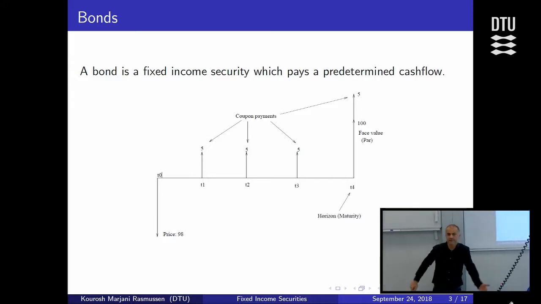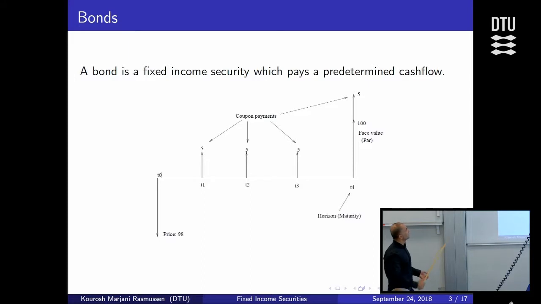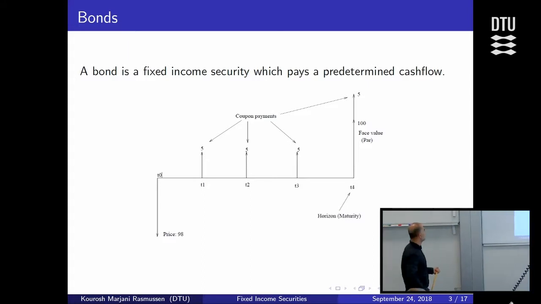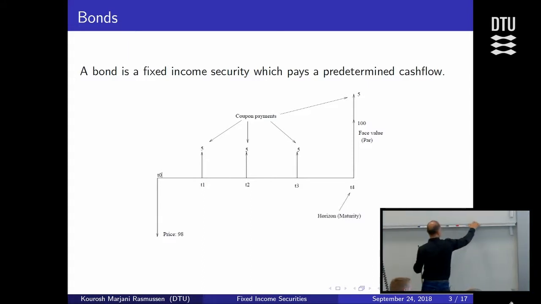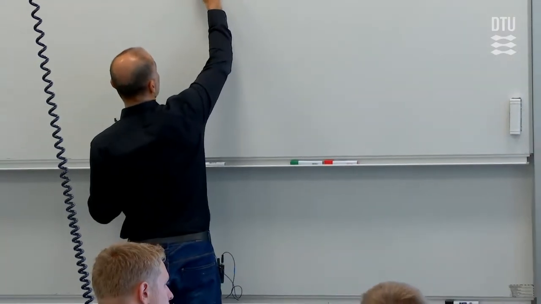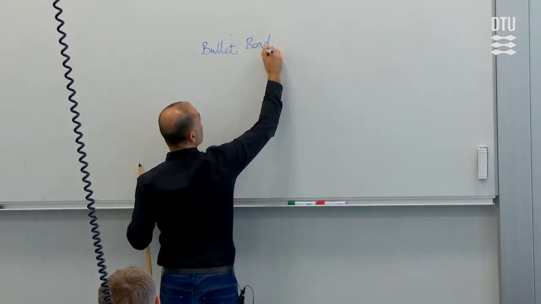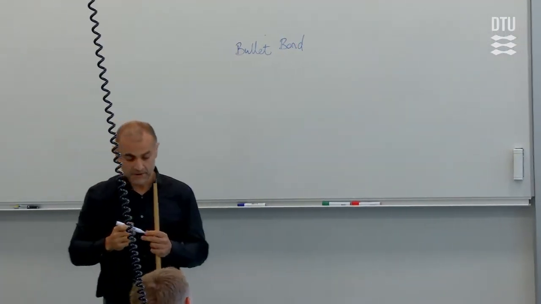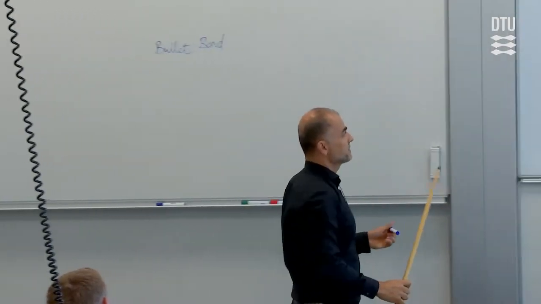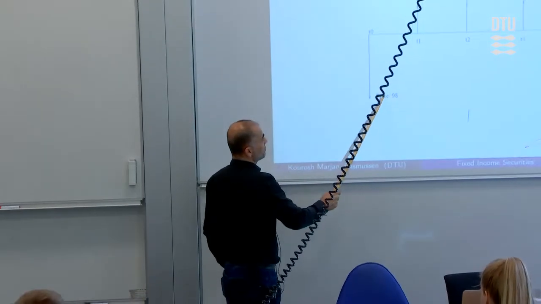So this is just a contract. We could have agreed on a different kind of cash flow, but this is just how a certain kind of bond, in this case what we call a bullet bond, is defined. A bullet bond is defined by having an initial price.